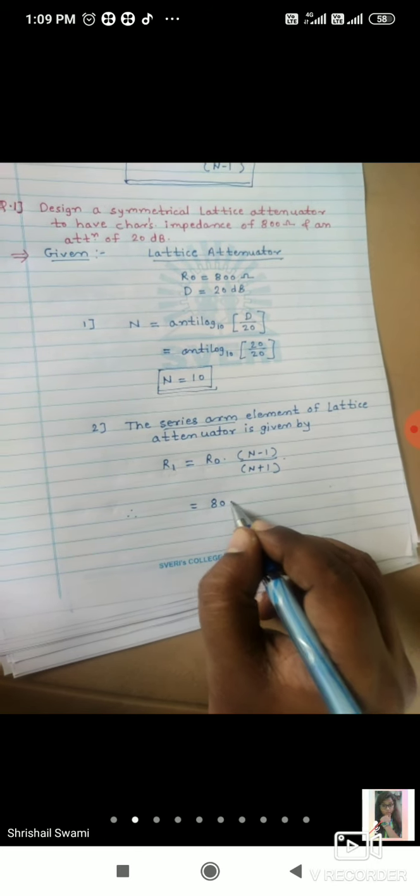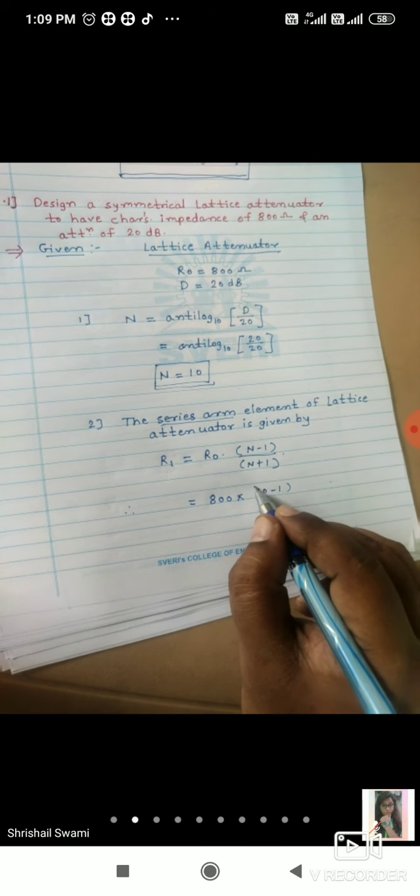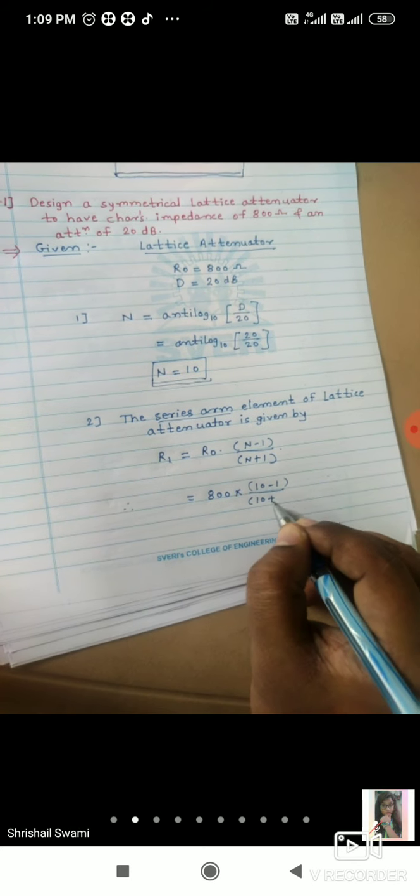So place all those values. R0 is 800, n is 10, so 10 minus 1 in one bracket and 10 plus 1 in another bracket.